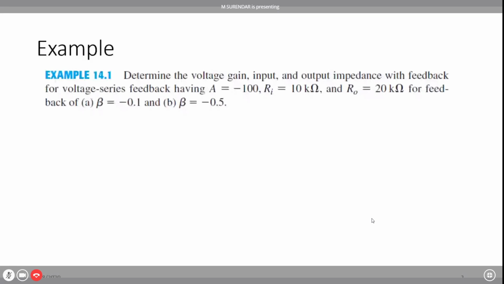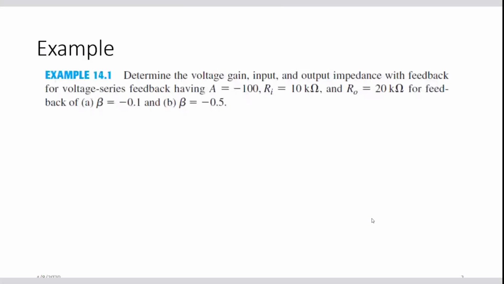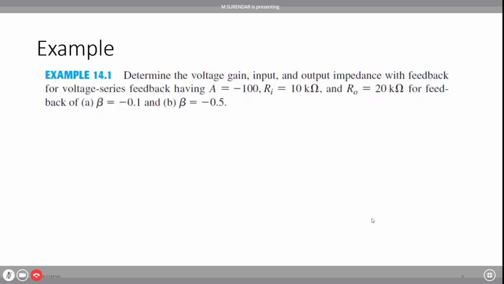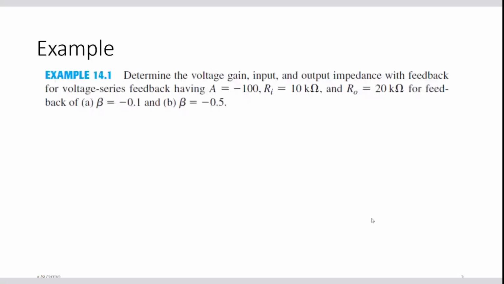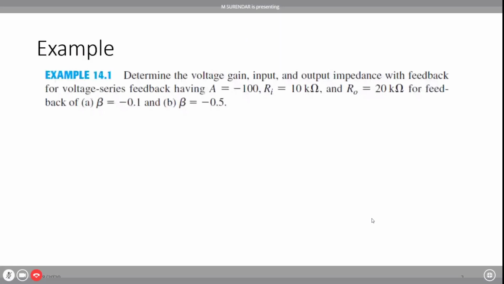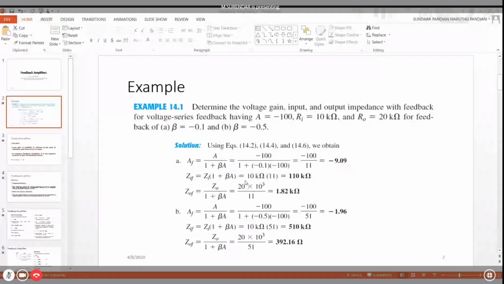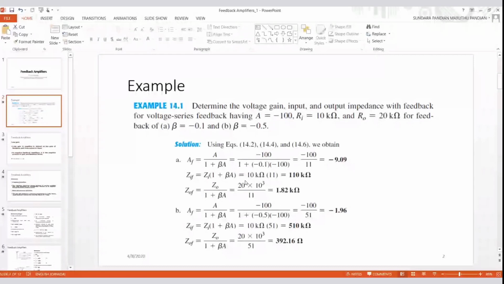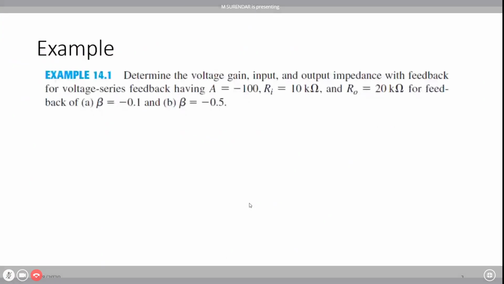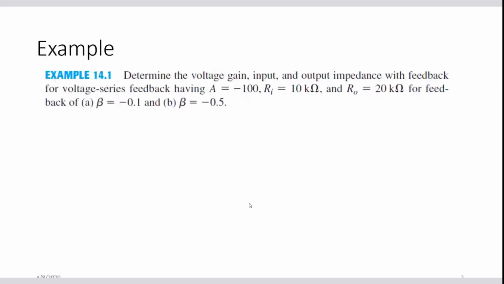Okay. So here, look at this question. Determine the voltage gain for voltage series feedback, having A is equal to minus 100, Ri is equal to 10 kilo ohm, Ri is input impedance, output impedance is 20 kilo ohm, and for feedback of beta is equal to minus 0.1.